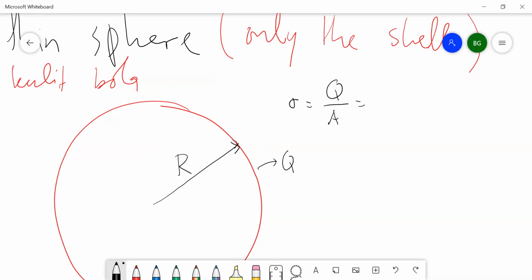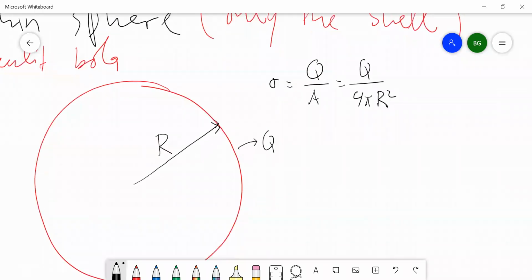So sigma for the thin sphere is Q over 4 pi big R squared.